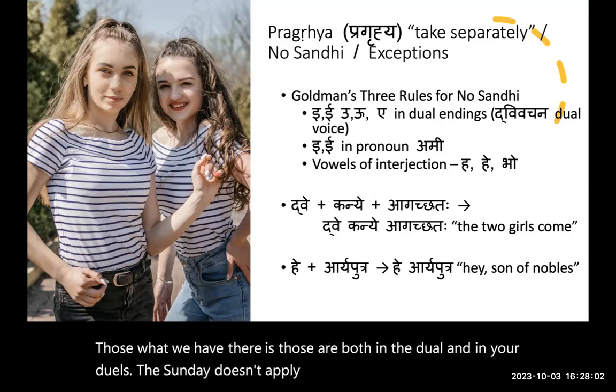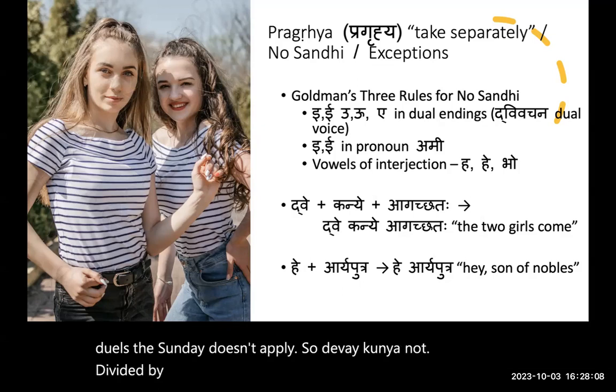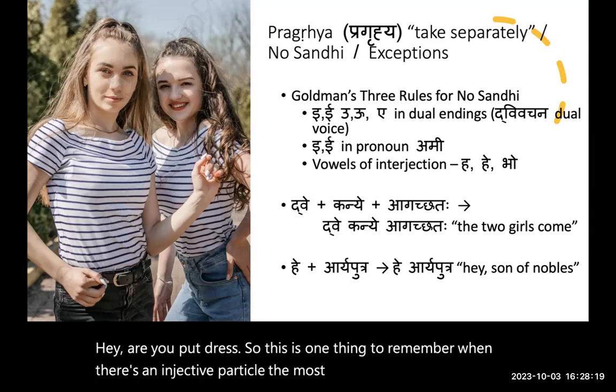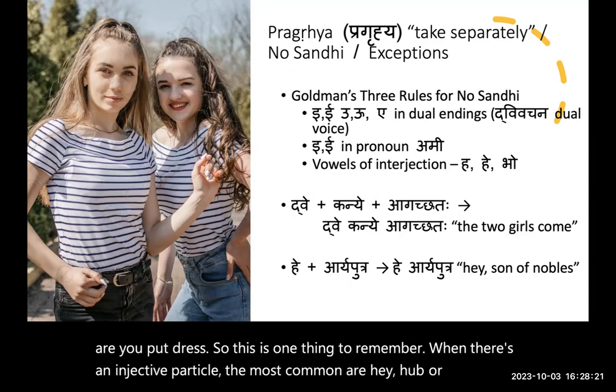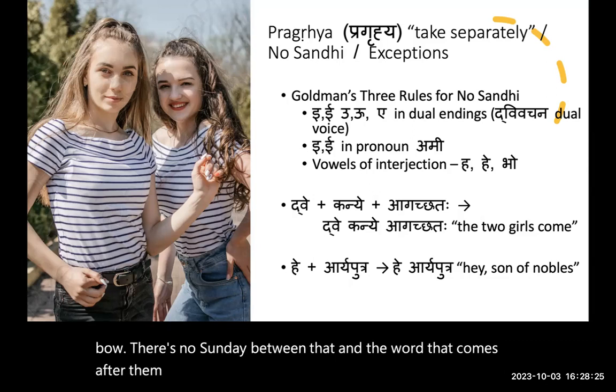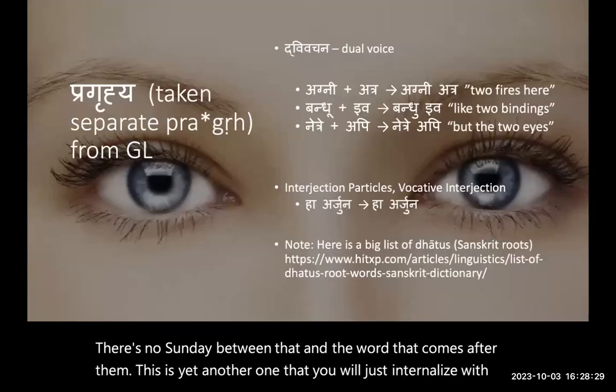So dve kanye, not dvaya kanya or something like that. Then we have He Aryaputra. So this is one thing to remember. When there's an interjective particle, the most common are He, Ha, or Bo, there's no sandhi between that and the word that comes after them. This is yet another one that you will just internalize with ease.